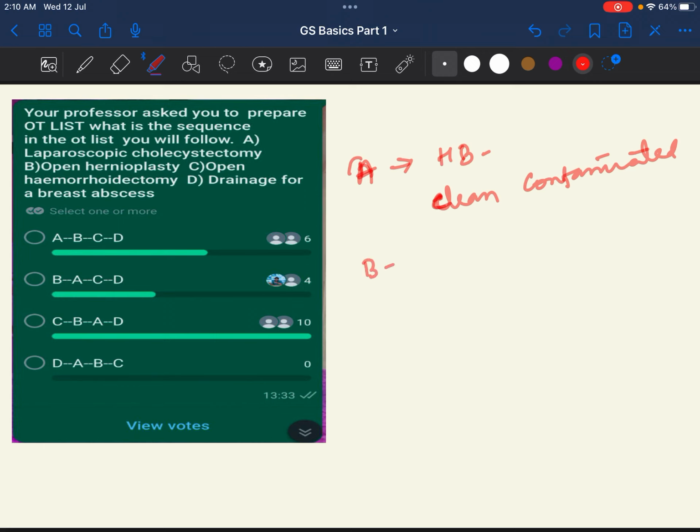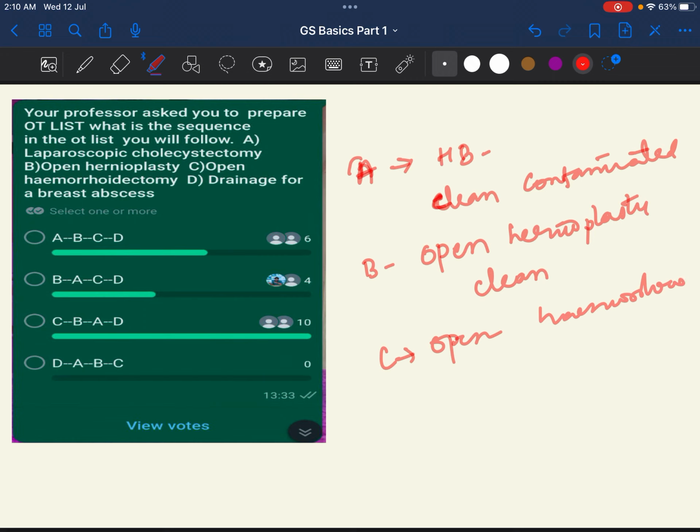So the next option is open inguinal hernioplasty. In this surgery, we are not going to enter any of the hollow viscous tracts. There is no infection, there is no spillage. So we are going to categorize this as a clean wound. The next option is open hemorrhoidectomy.